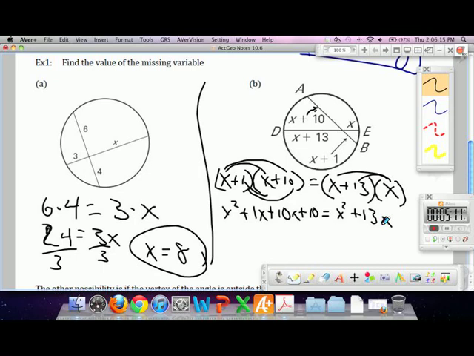Note that we have x squared on each side. However, if I subtract x squared from each side, oh wow, we don't have a quadratic anymore. 11x plus 10 is 13x. 1x plus 10x is 11x. 1 times 10 is 10.